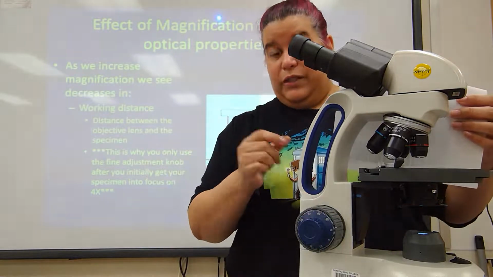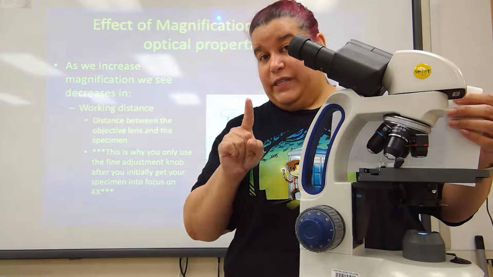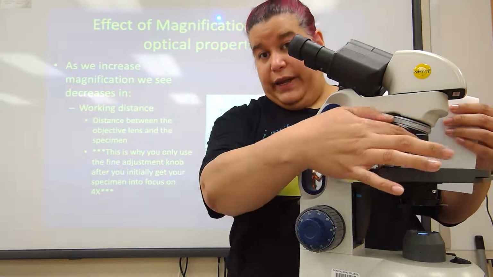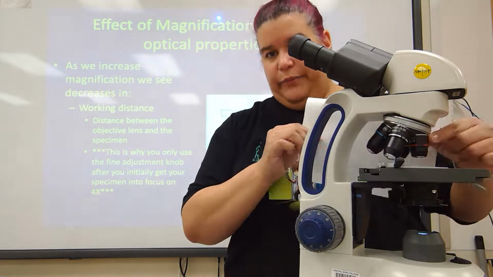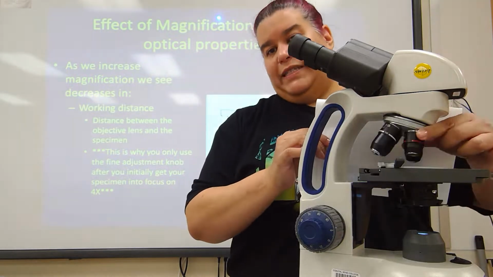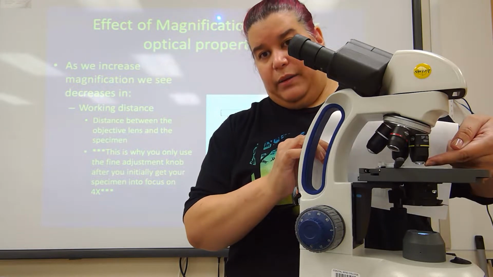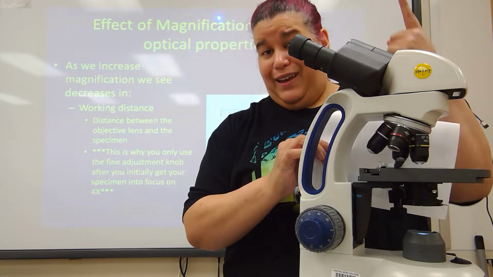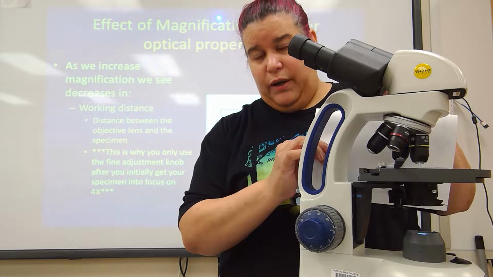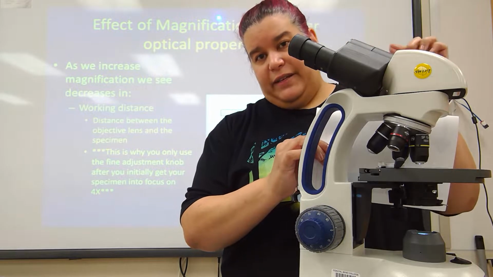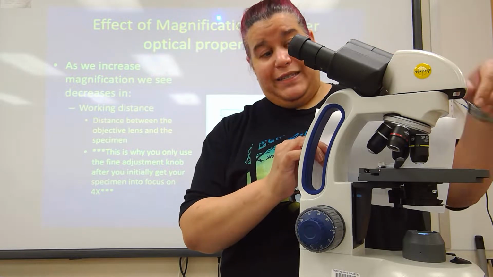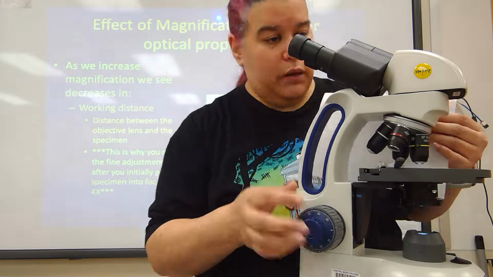Now, watch. As I increase magnification, because this is my 4x objective right here, when I go to the 10x, look at that distance between the bottom of my objective and the top of my slide. I can't even fit my finger in there anymore. So as you increase magnification, that working distance actually gets a lot smaller.